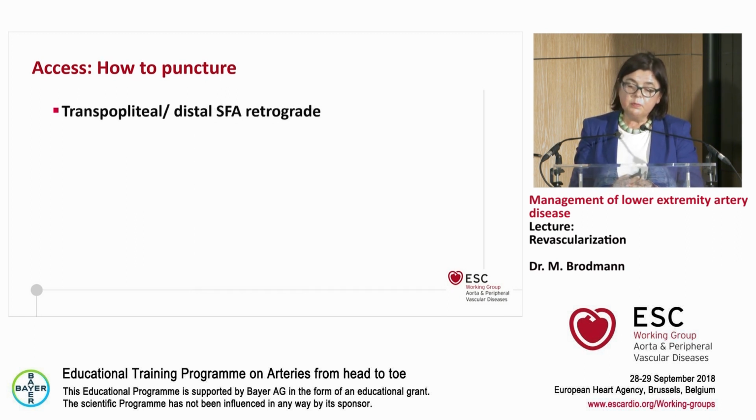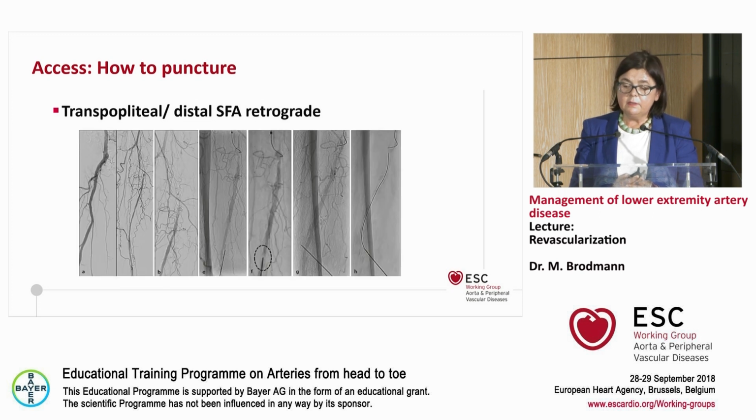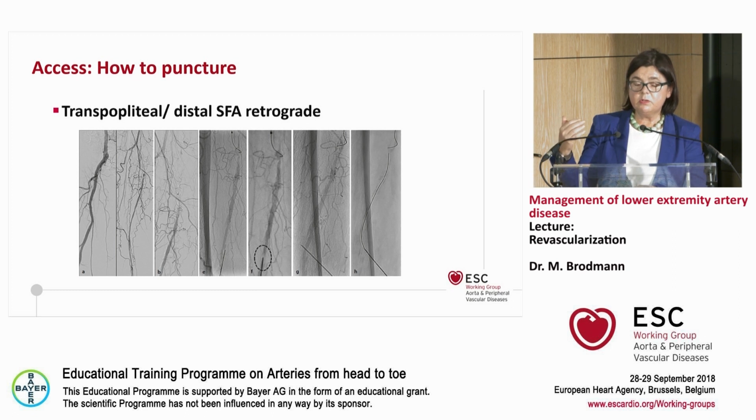Then we can go transpopliteal or in the distal SFA, especially if we have chronic occlusions and we are not able to go through from antegrade. It's much easier to go through from retrograde.